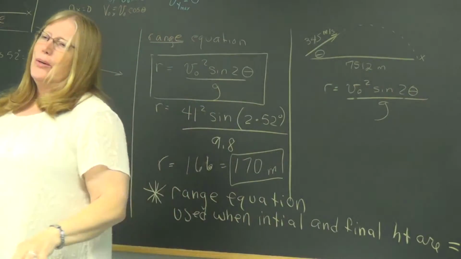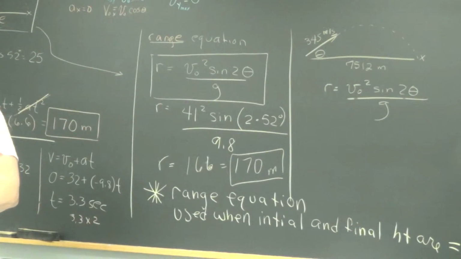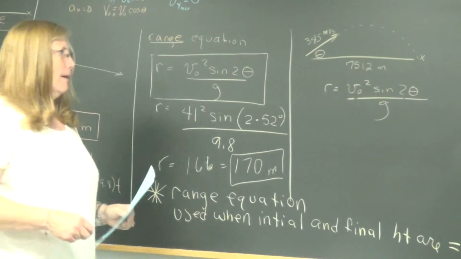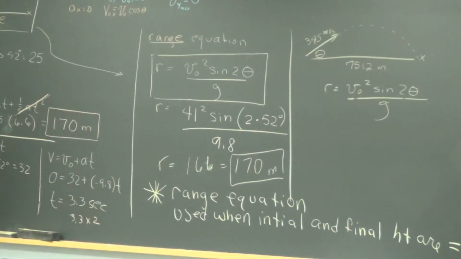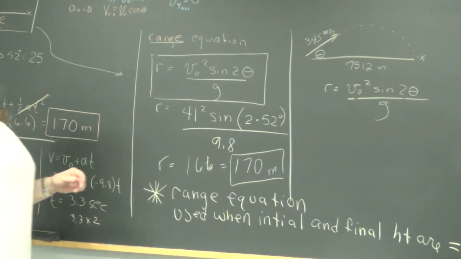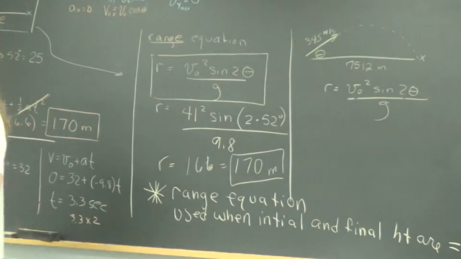I think the angle one is the trickiest of all, so with me now, on the same day notes, on the range equation day 3, put in this example. We have a projectile at 345 meters per second, shot at an unknown angle, and the range is given as 7,512. So put in a quick sketch.